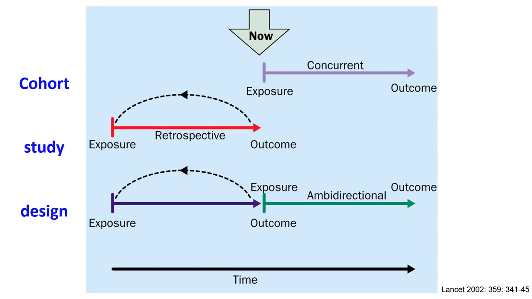And we see how many among the exposed develop the outcome of interest and how many among the unexposed develop it. In a retrospective cohort study, the outcomes have also occurred now, and of course, the exposure happened in the past. We are ignoring the outcome status. We are going back to the past.